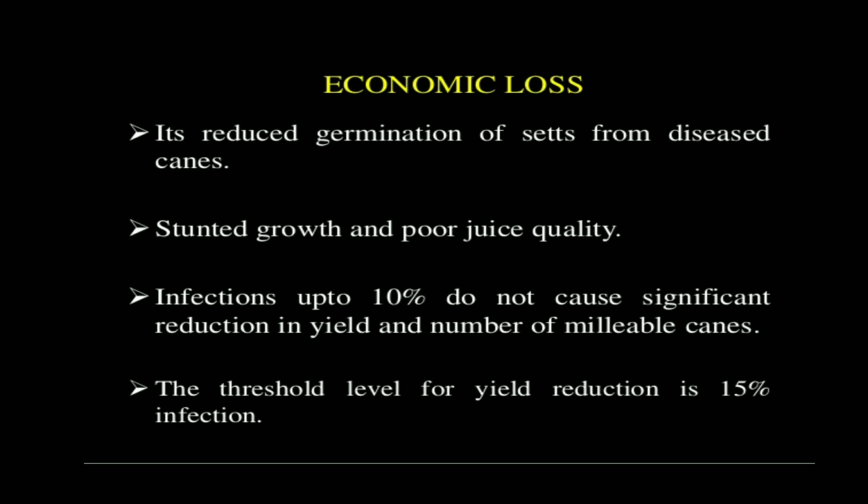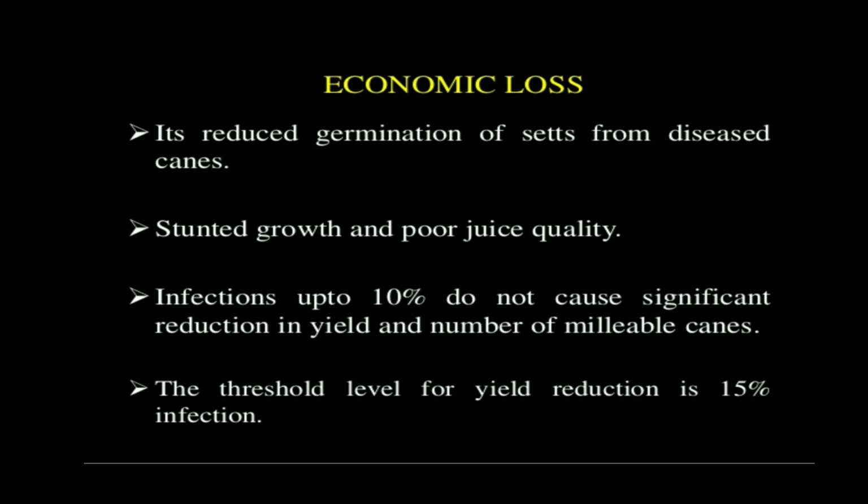So we will see what economic losses are caused by this disease. It reduces the germination of seeds from the diseased canes. If the diseased cane does not germinate, then what will happen? The plant will not develop, and if the plant does not develop, there will be severe economic loss for the farmers.